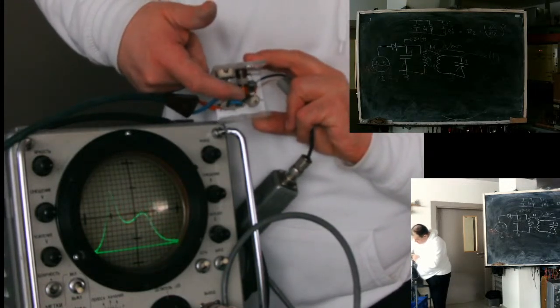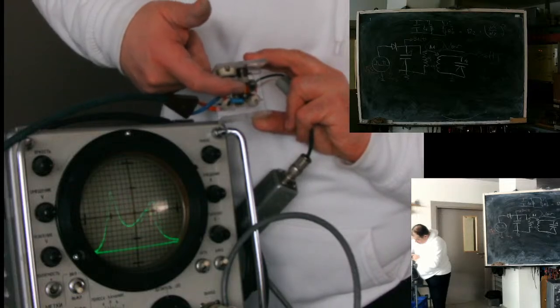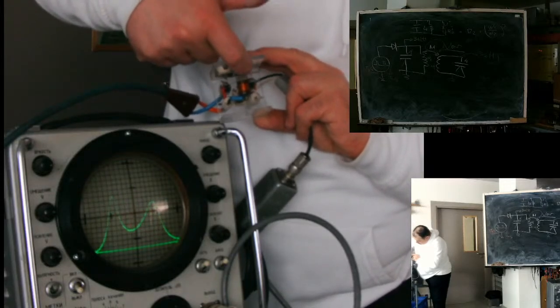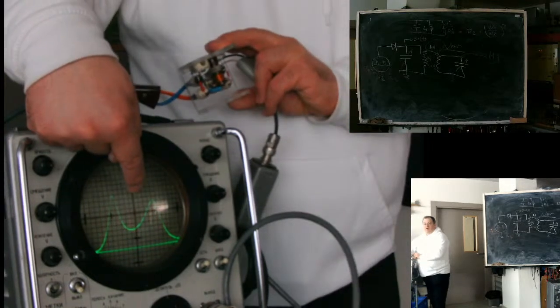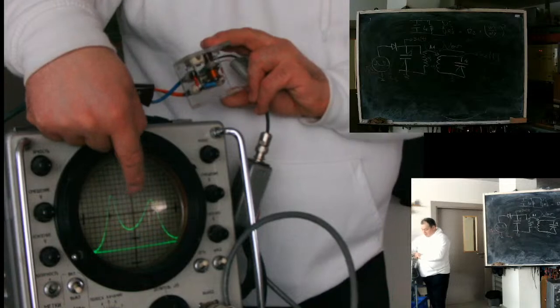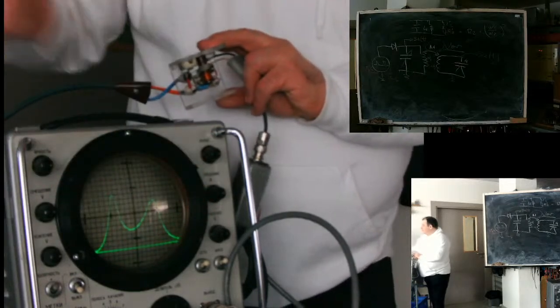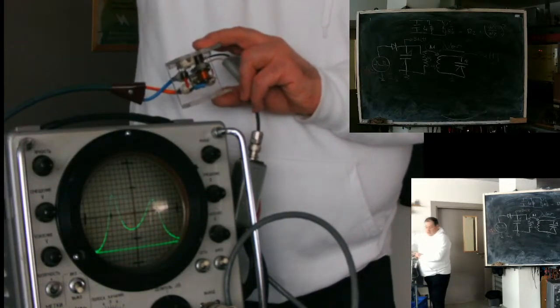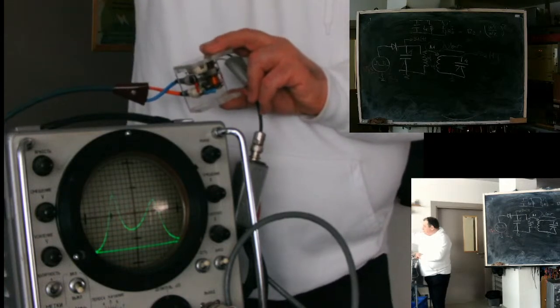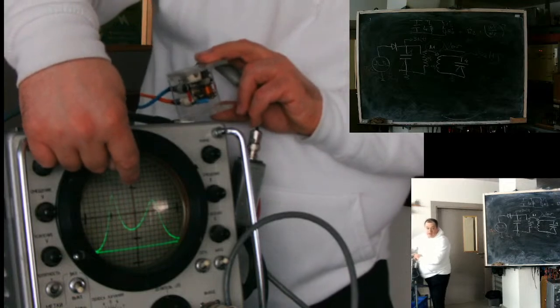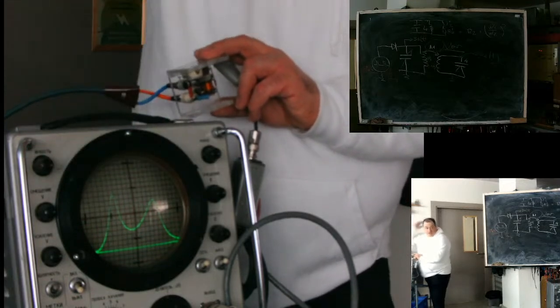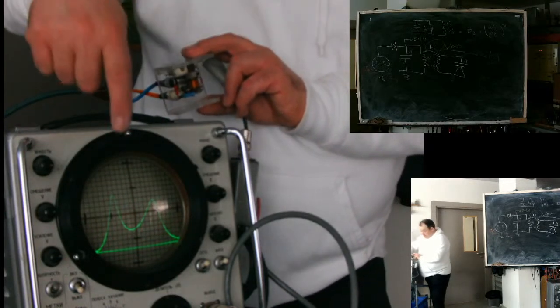I'm introducing additional losses to the one coil. I'm introducing additional losses to the second coil. But you see, a well calculated resonance contour, the same thing we saw here. But here we have the spectrum of the resulting resonance, and this one is the transfer function in frequency space.